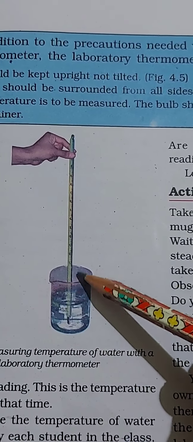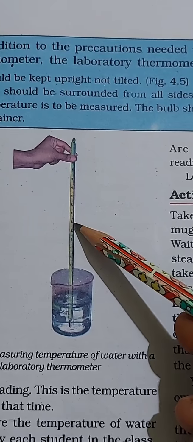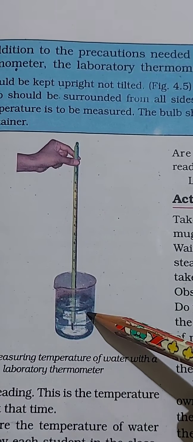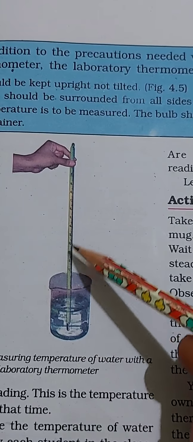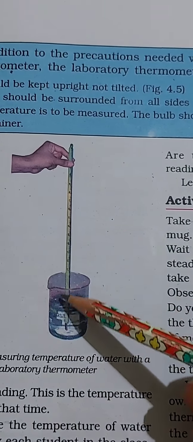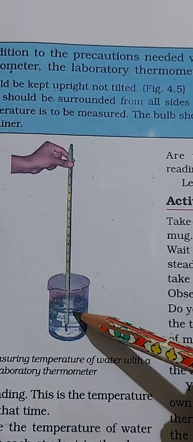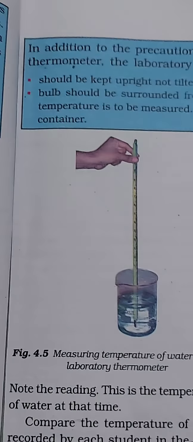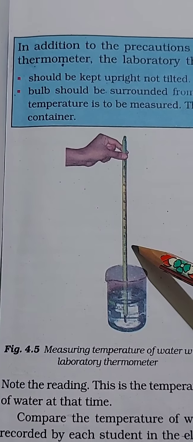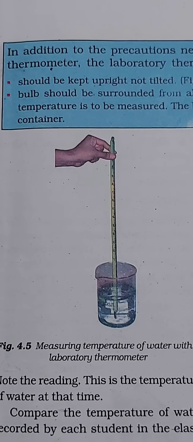If that happens, we cannot take the exact reading of the water. These are all the precautions. If we do the activity like this, we can take the temperature of the given substance. Here we take water. So this is about the laboratory thermometer.